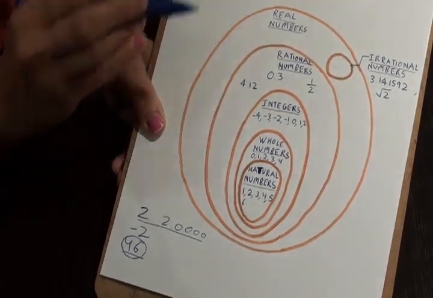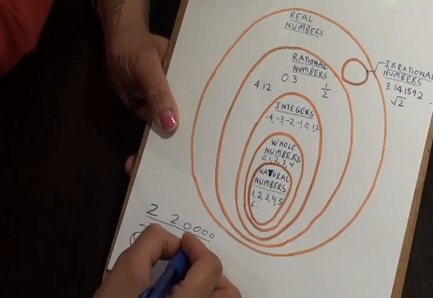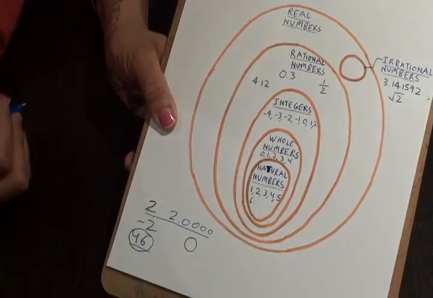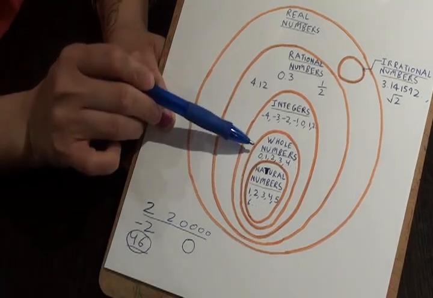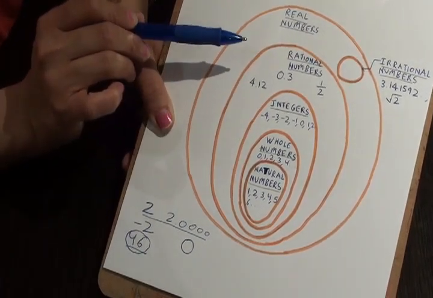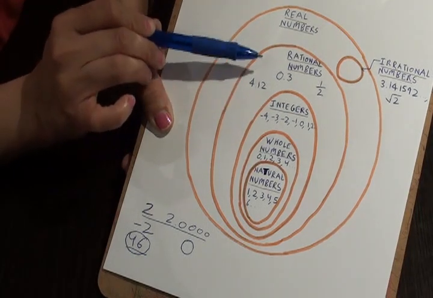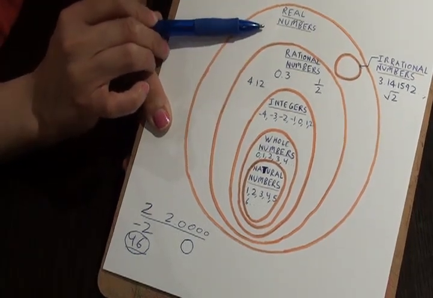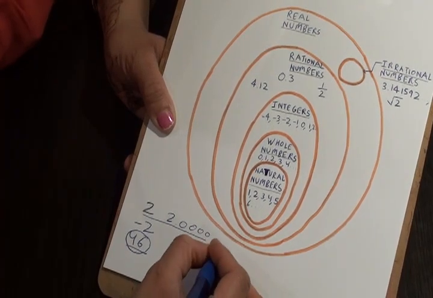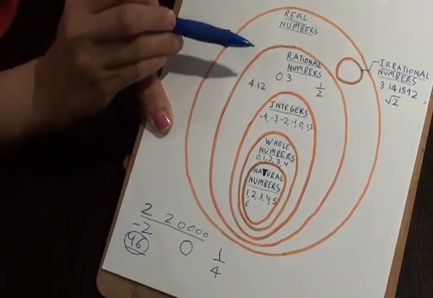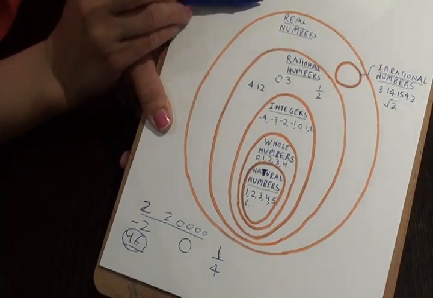So many, right? I will show you another one, 0. The number 0 is a whole number, an integer, rational, and real. 1/4 is a fraction, so this is rational and real. Last one I will show you, 6.675. It's a decimal number, so this number is rational and real.